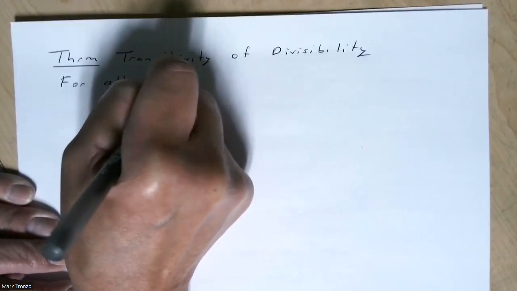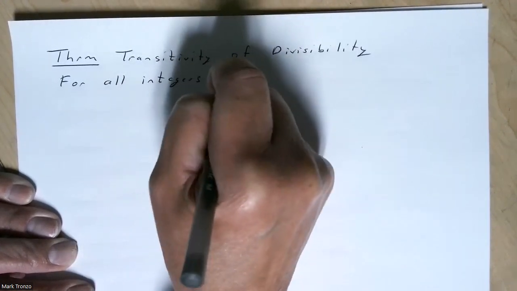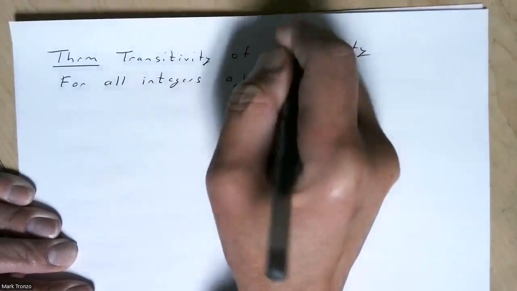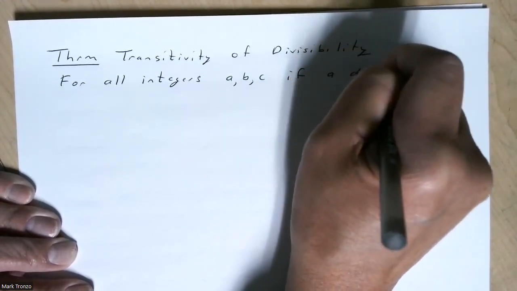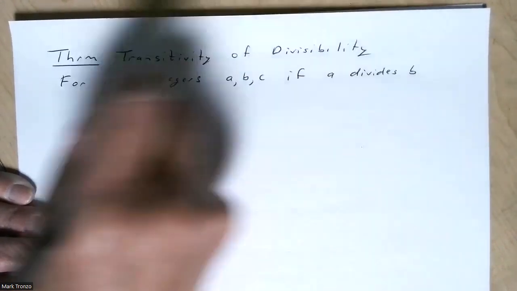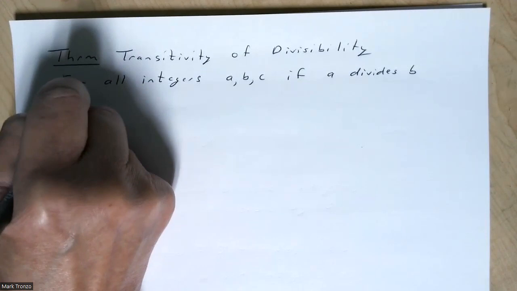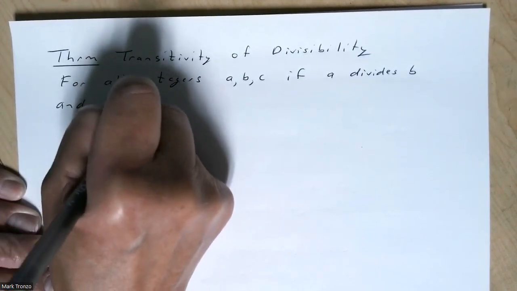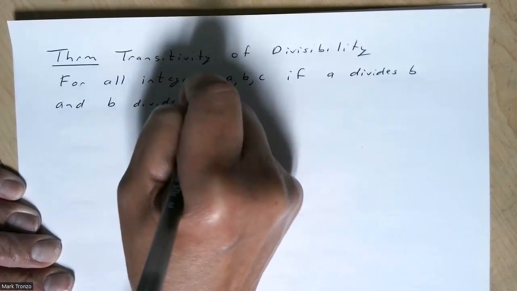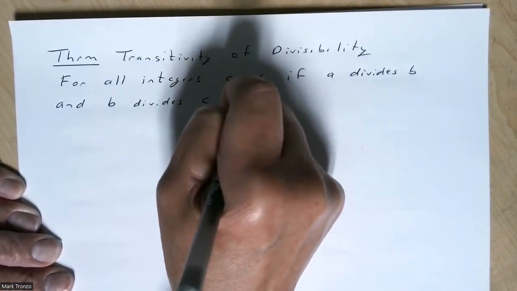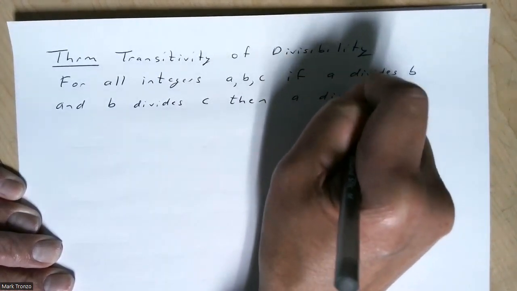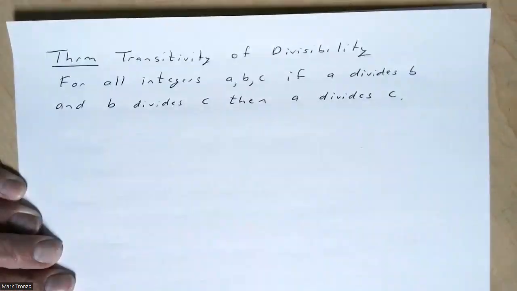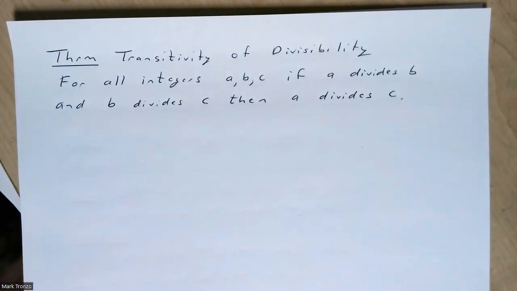For all integers A, B, C, if A divides B, and B divides C, then A divides C. So if A divides B, B divides C, then A divides C.